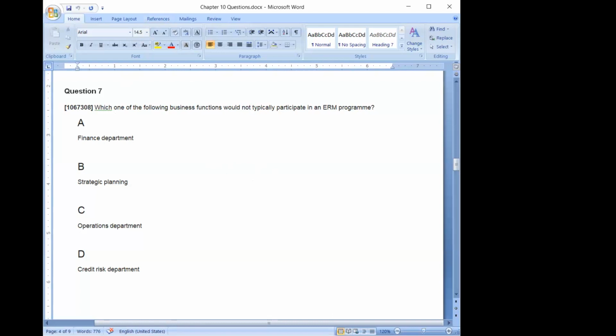Finance department, strategic planning, operation department, credit risk department. In an ERM program, you look at the holistic set of departments, right? So then operation department is the correct answer. C. Let's go to the next question.